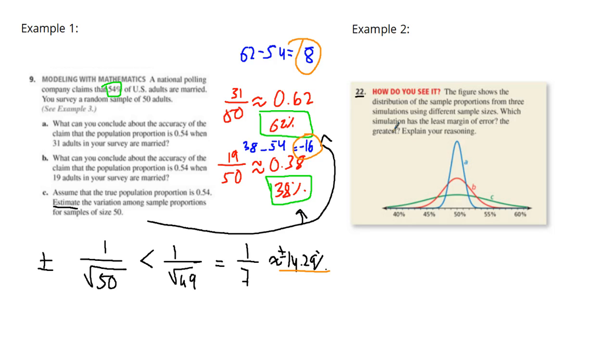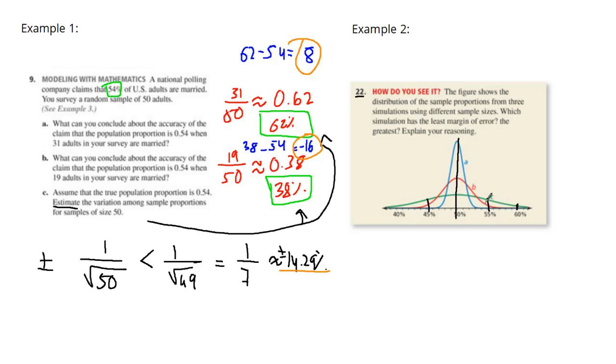So if we're talking about C, we'll see that a lot of the data points are still way out of the mean, right? The mean is 50. They're way off the mean. We still have a pretty decent number of data points at 60%, whereas B ends at 55, and A ends at 52.5.